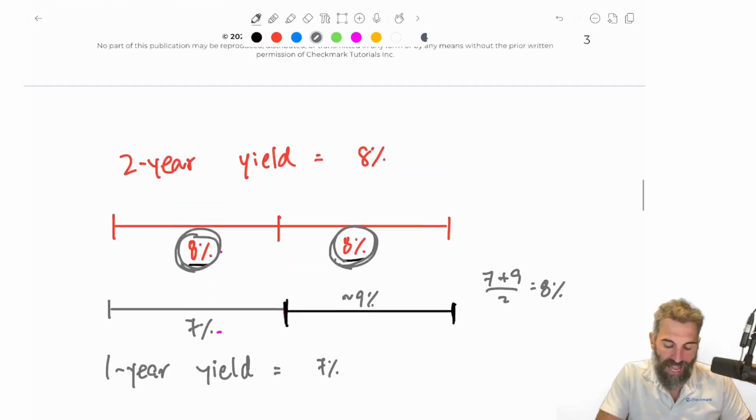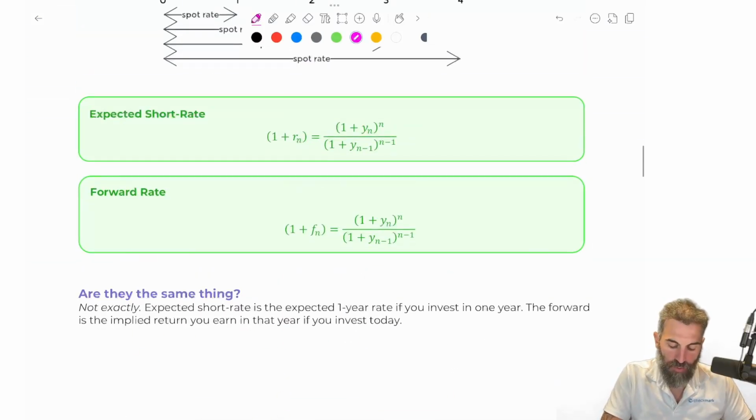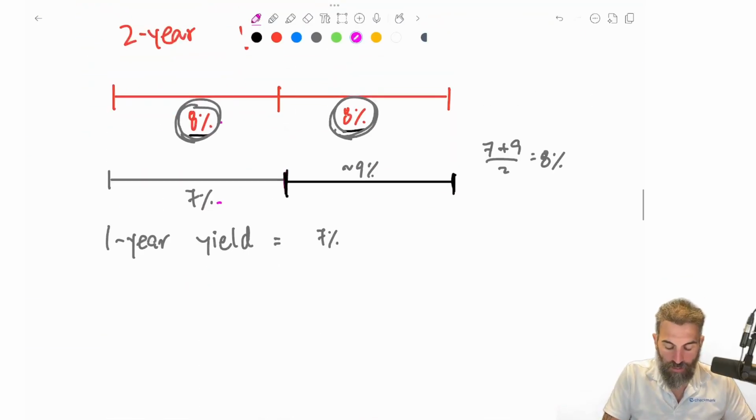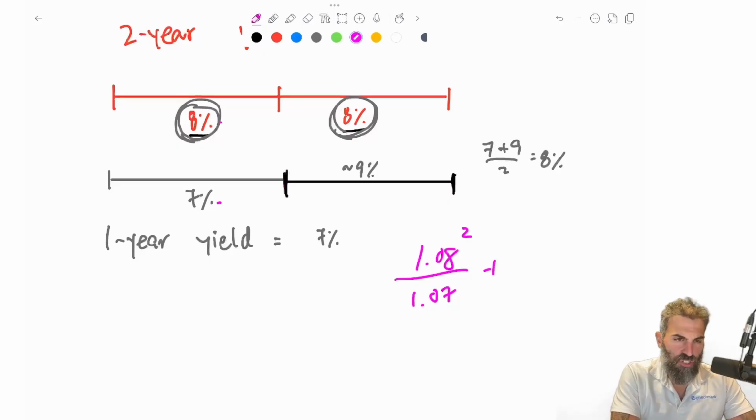So the actual formula for it is here, by the way. So it'd be more like 1.08 squared divided by 1.07 minus 1. Don't worry about it just yet. I just want to show you guys that it's going to be around 9%. It's like 9.009%.